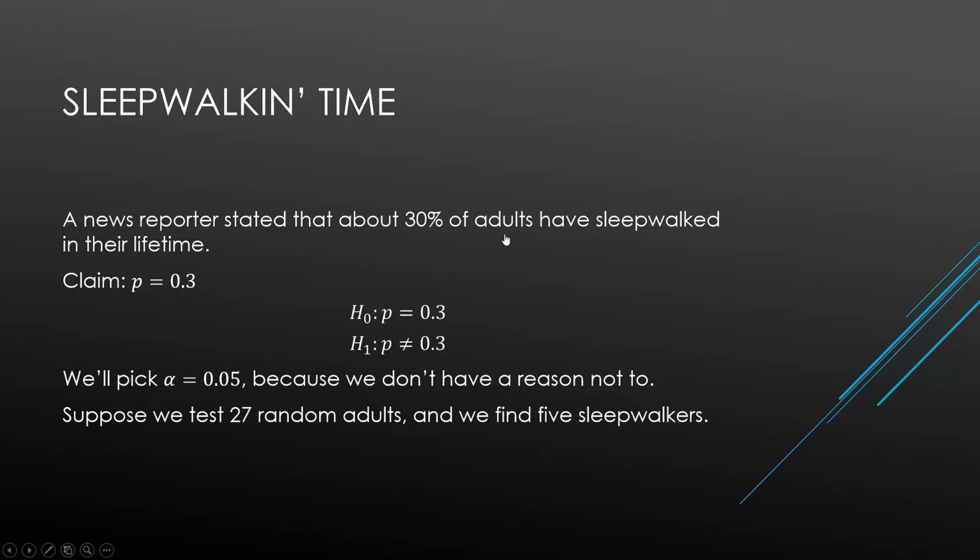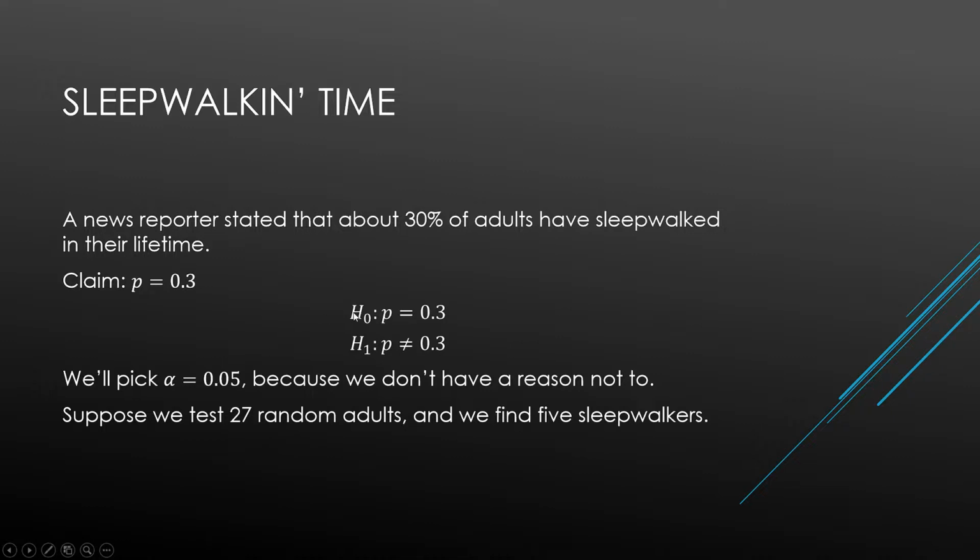So I'll skip around here in a second. But again, for the sleepwalking example, we had the claim of 0.3 as our proportion. We had our null hypothesis and our alternate hypothesis. We picked alpha, and now we got data. We tested 27 adults randomly, and we found 5 people who sleepwalked. Don't ask me how we got that. I don't know. But that's our data.